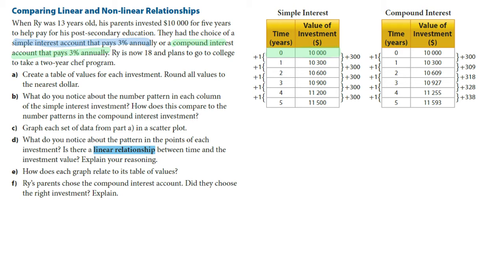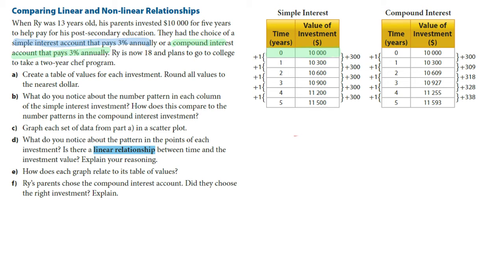So 3% of $10,000 is $300. So you can see every year we add $300 to the original investment until at the end of 5 years we have $11,500.